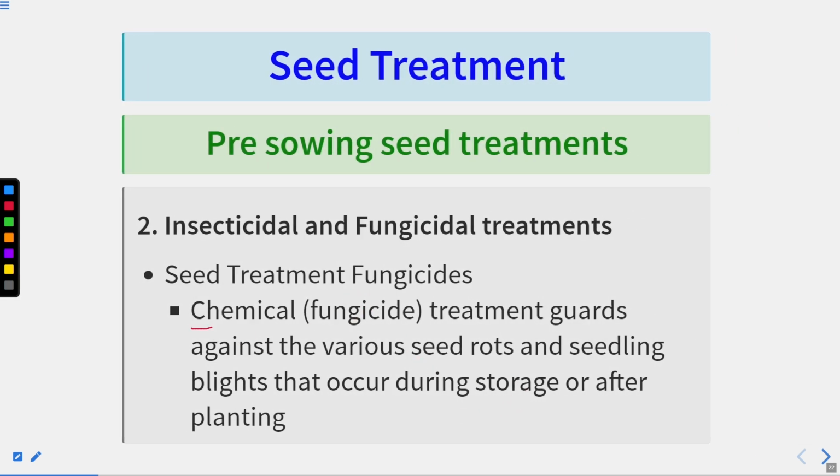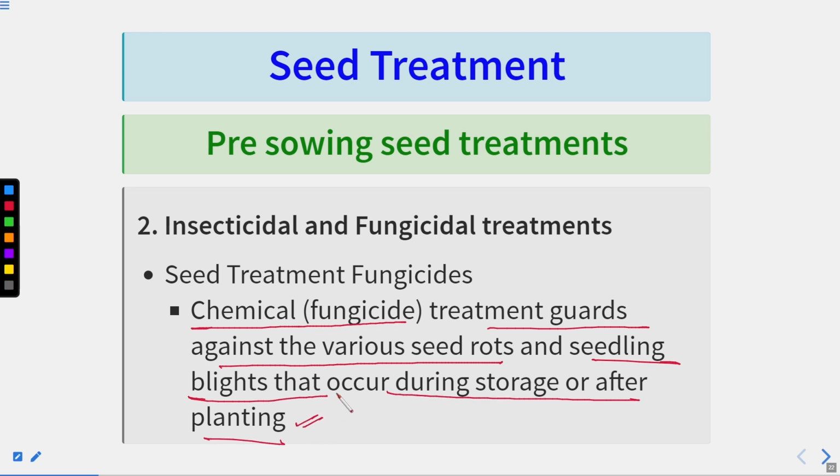Seed treatment with chemical fungicide guards against the various seed rots and the seedling blight that occur during storage or planting. So at the time of storage there are some diseases, and at the time of planting, at the time of seed germination also, there are some types of diseases, right? So this chemical fungicide, when applied, guards against the various seed rots.